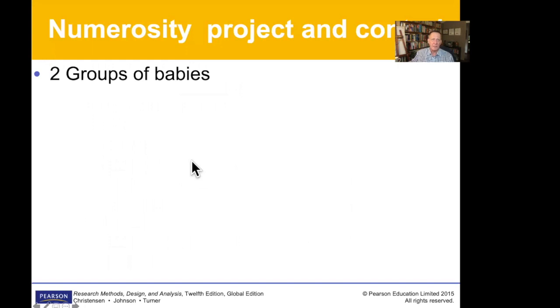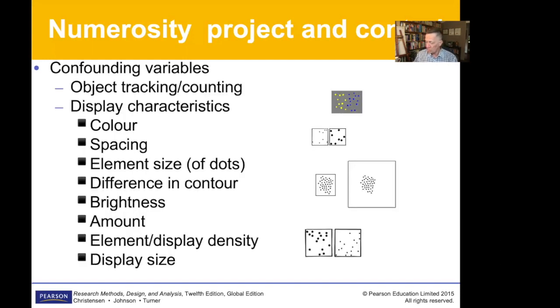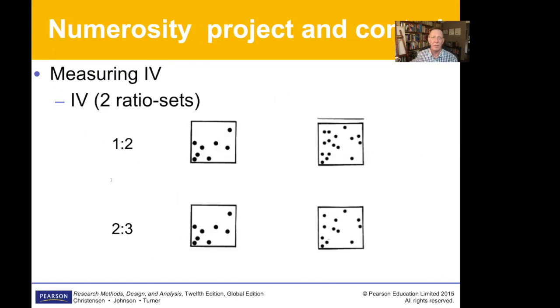All right, so they had one sample of babies, but they divided the babies into two groups. Why? There were two habituation groups. The one with the number of 8 dots, and one with the number of 16 dots.